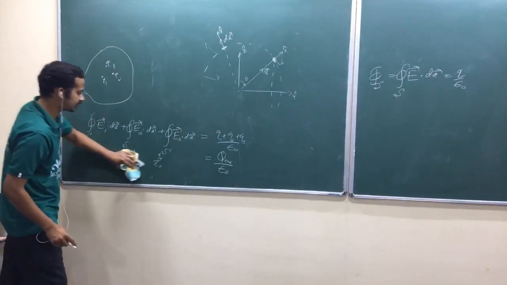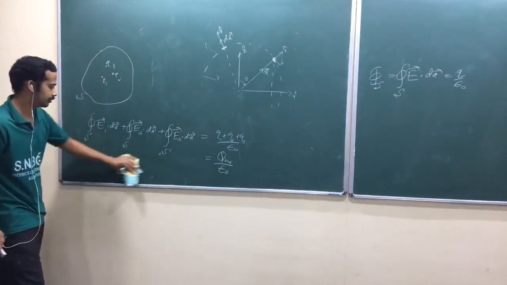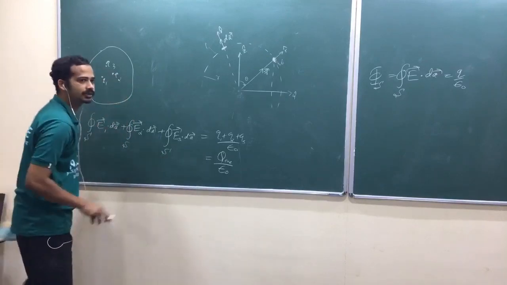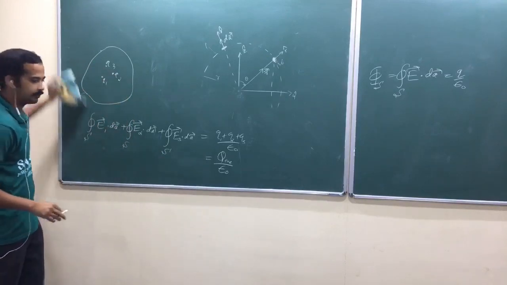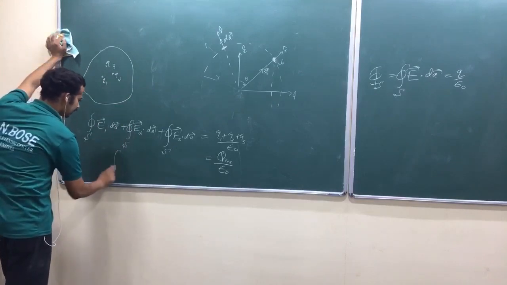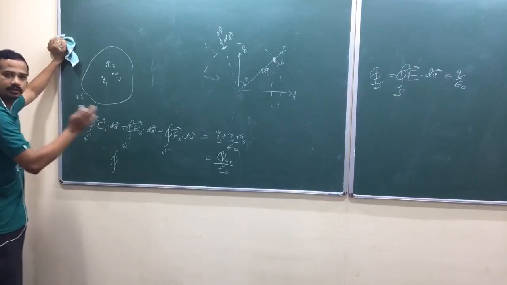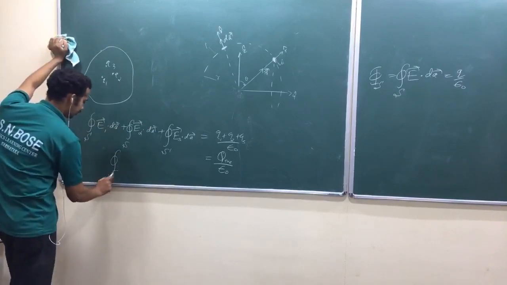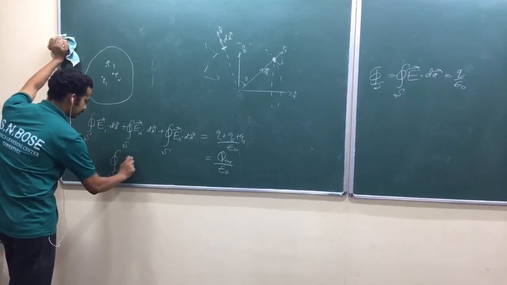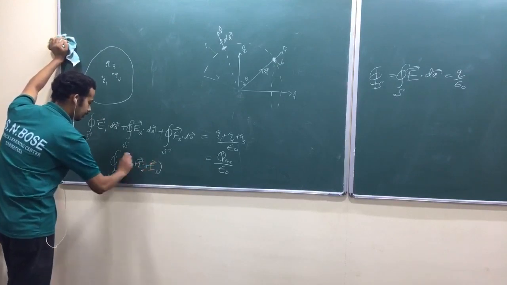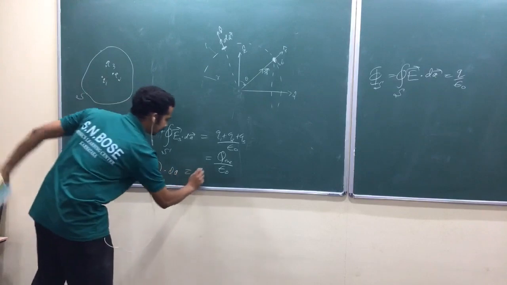Now look at here, wait a second. You can do it. It's very easy. Only thing is understanding the very first thing, whatever I say here. Now I can take common, isn't it? These are again linear operators. Surface integral is also a linear operator, remember. So you can write E1 plus E2 plus E3 dot dA.